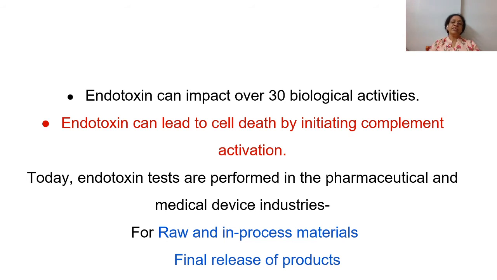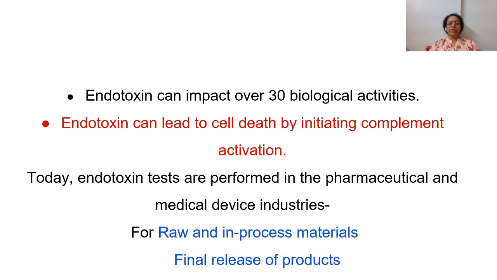So endotoxin tests are performed in pharmaceutical and medical device industries, not only for the finished product but also for the raw incoming process material, because whatever raw material enters that particular industry may already contain endotoxin.